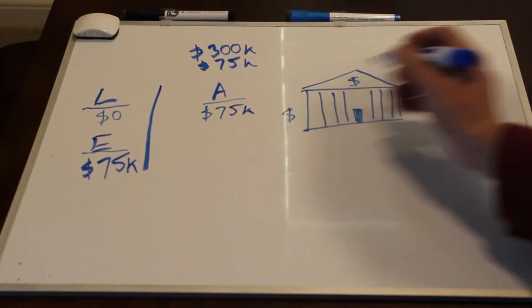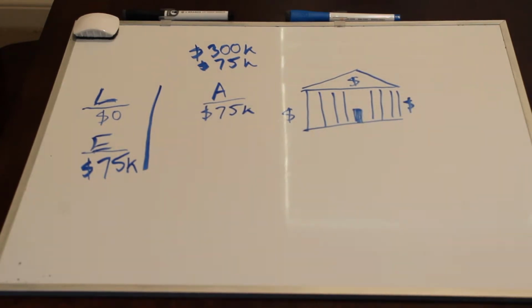This bank's made out of marble, letting you know that it's a very nice structure. It's got some Greek columns, letting you know it's going to be there forever. They're not going to just take your money and run. So this bank is going to give you $225,000 in cash, and in return, you're going to give them an IOU, and you're going to be paying interest.